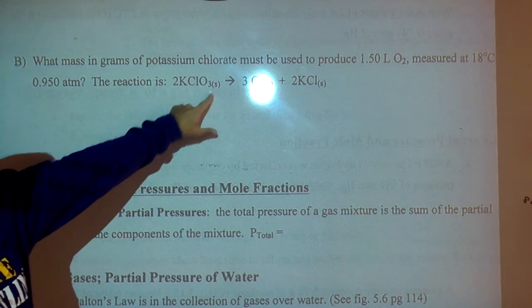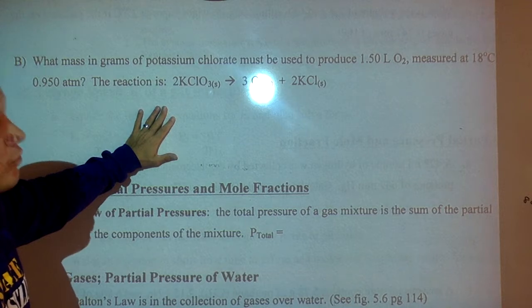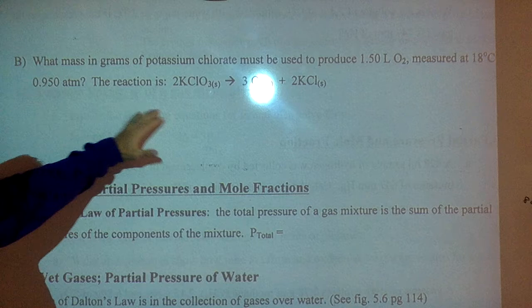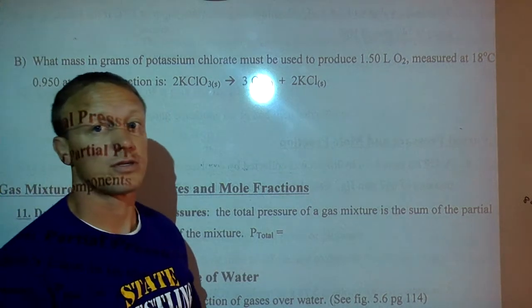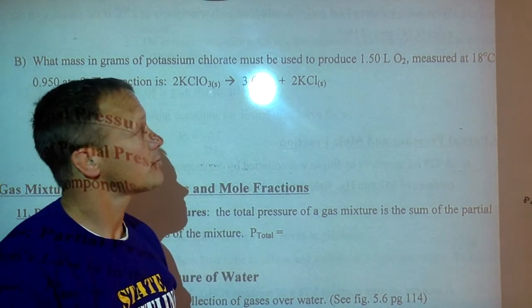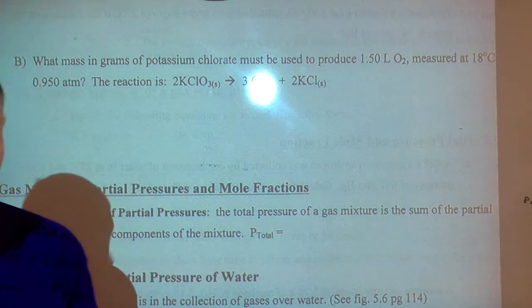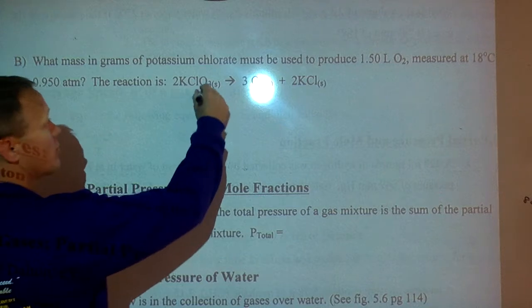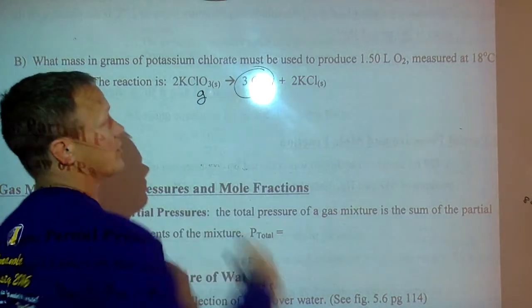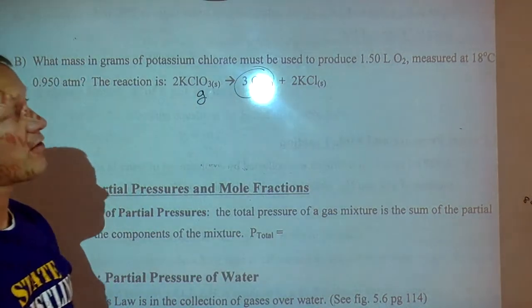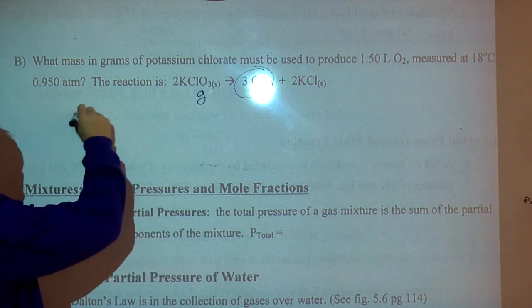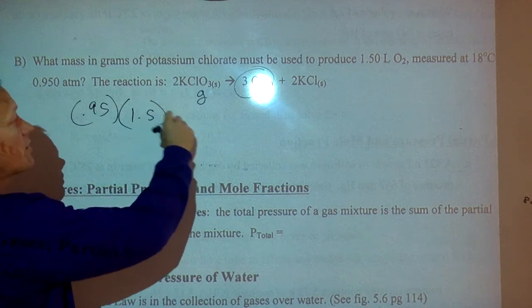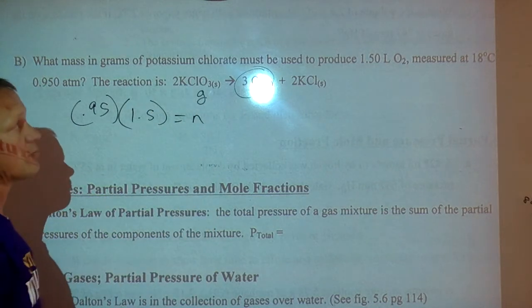Notice that is a solid that must be used to produce 1.5 liters of oxygen, measured at 18 degrees Celsius, and 0.95 atmospheres. So we want to get to potassium chlorate in grams. We want to finish with that. It's giving us information on oxygen. So let's do PV equals nRT first. So we got pressure is 0.95, it's already in atmospheres. Volume is 1.5 liters.